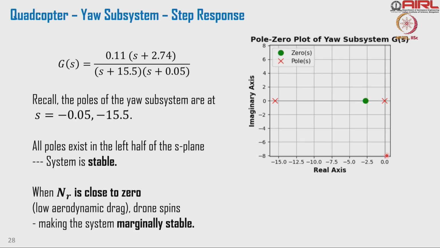But there is one pole closer to the imaginary axis. If it corresponds to the variable Nr, and Nr is close to 0, the aerodynamic drag is low, the drone starts spinning about its own axis, making the system marginally stable. The yaw stability is critical here.